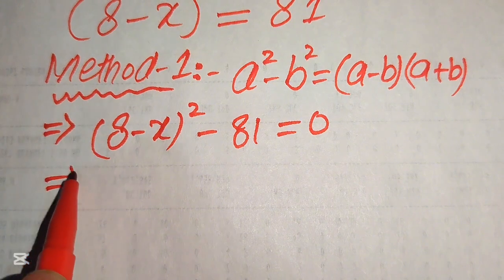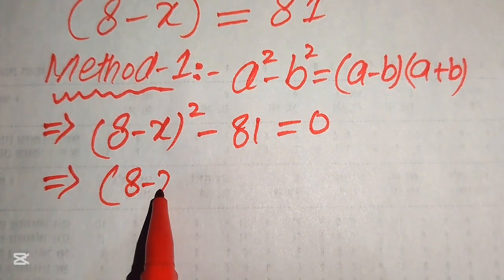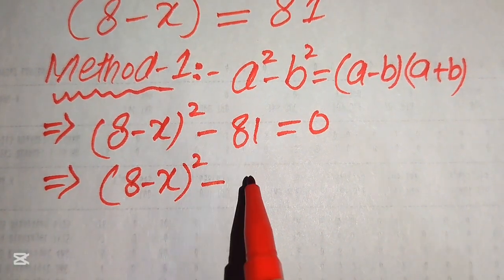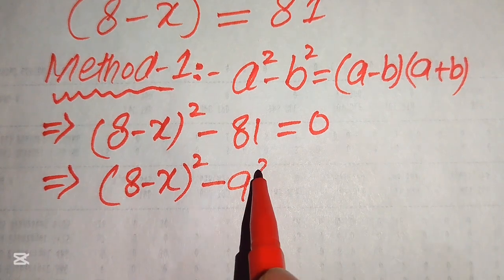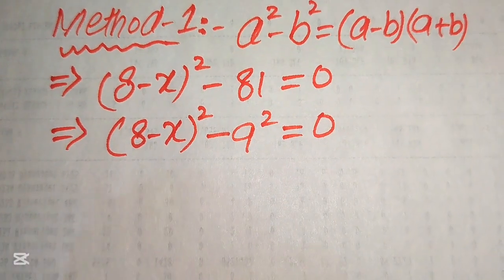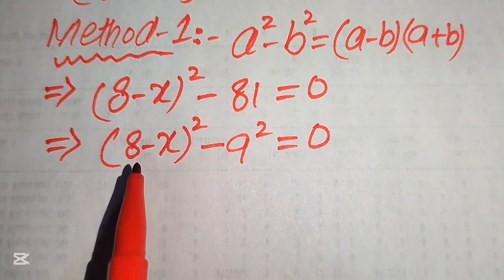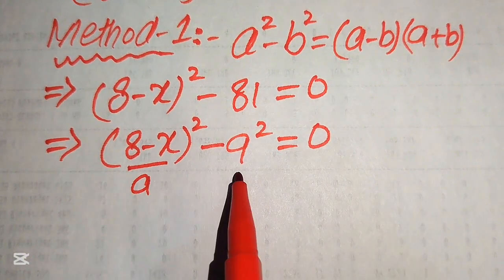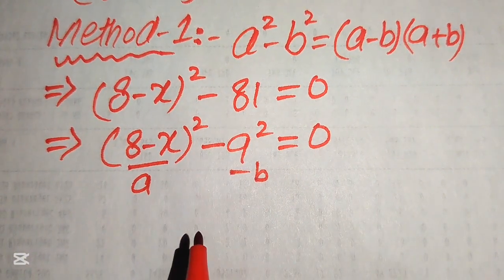And again we write this equation as (8 − x)² − 9² = 0, writing 81 as 9 squared. So now we can apply this formula. You see that the base of this term is our a and the base of this term is our b.